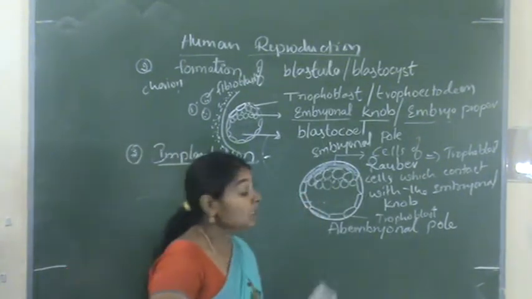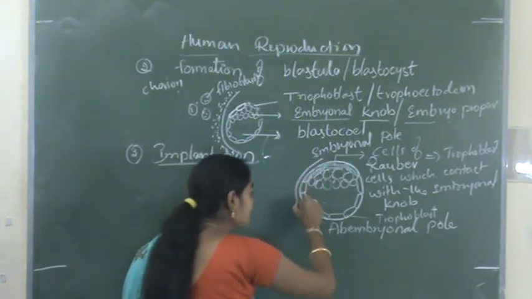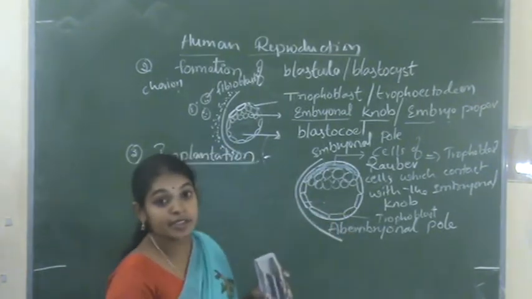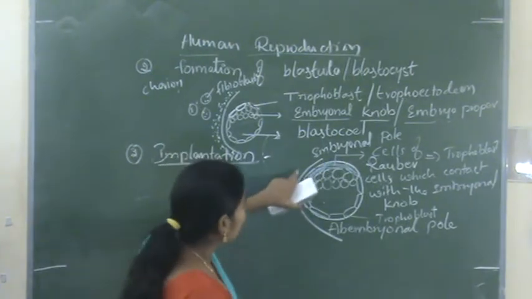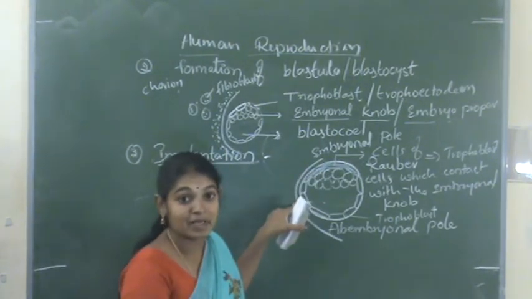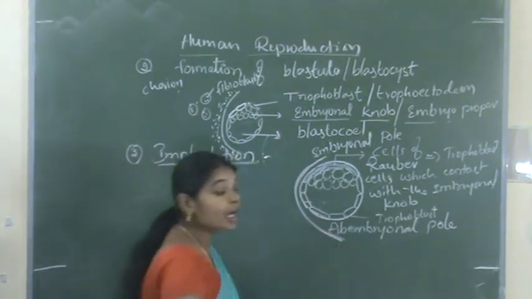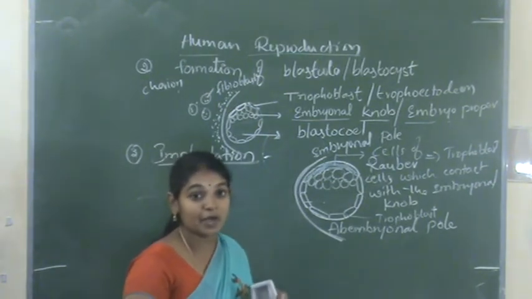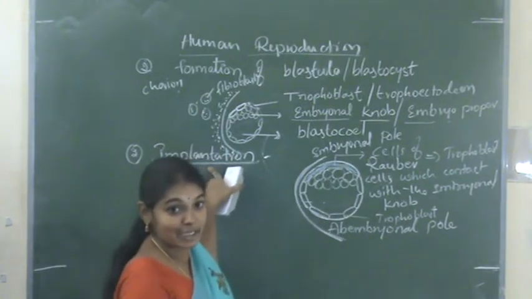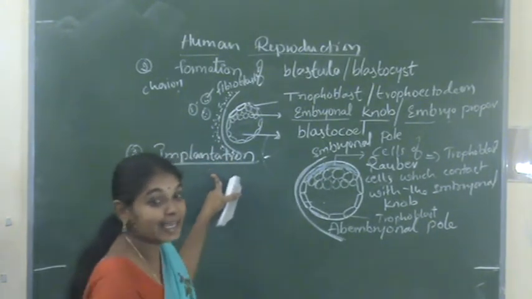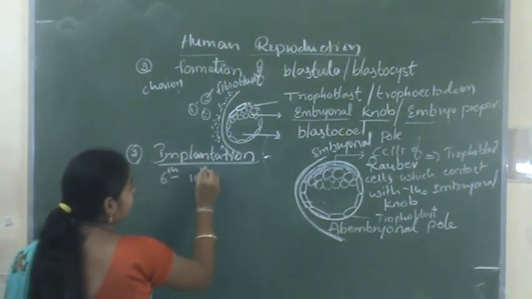It means the incorporation of this blastocyst, at the morula stage itself, into the endometrial lining of the uterus. This deep incorporation into the endometrial lining of the uterus is known as implantation, and it takes place about the 6th to 10th day.